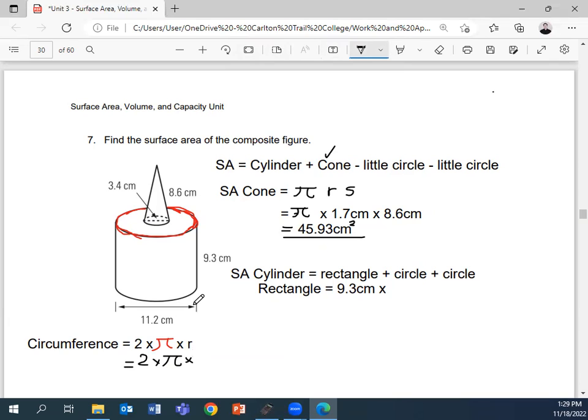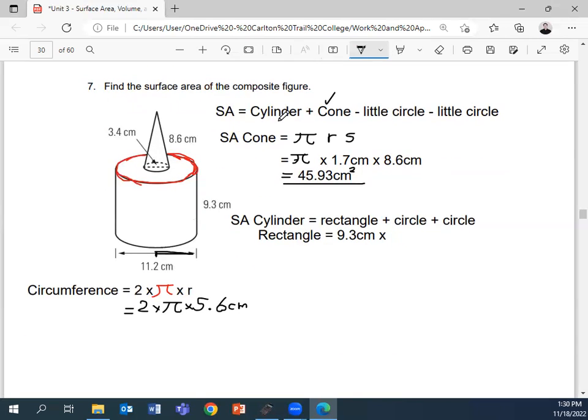The cylinder, right? So what would my radius be then? 5.6? Wouldn't it be, since this is the length of the whole cylinder, radius is half of that. So this is going to be 5.6 centimeters. I took that 11.2 and chopped it in half.